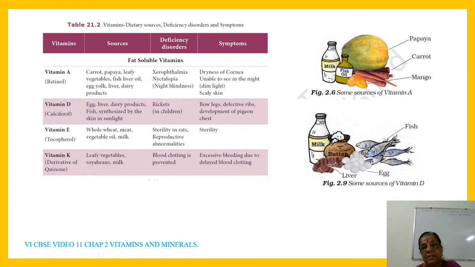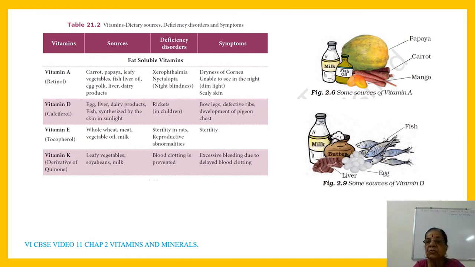Vitamin A, retinol, spelling RETINOL. Calciferol, CALCIFEROL. And tocopherol, TOCOPHEROL. That is tocopherol. Are you clear? So in the tabular column, you have to learn.